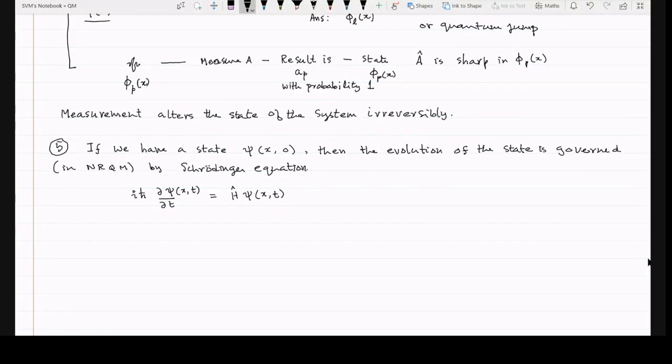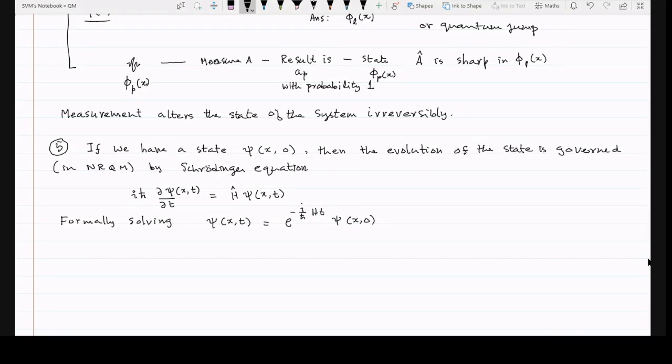Now one can formally solve this equation. Formally solving this equation, you can write psi of x comma t to be e to the power minus i by h cross into H t acting on psi of x comma 0.